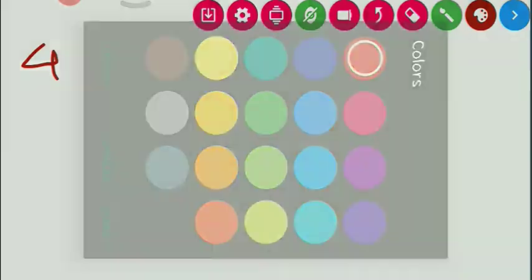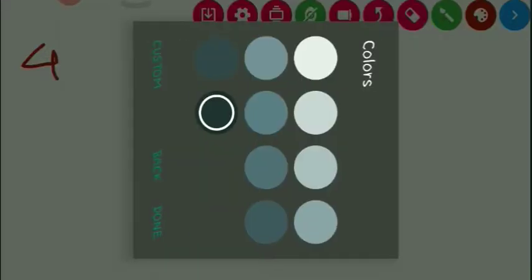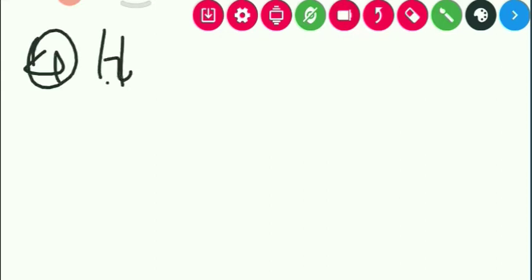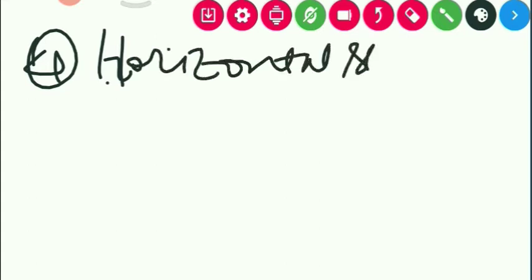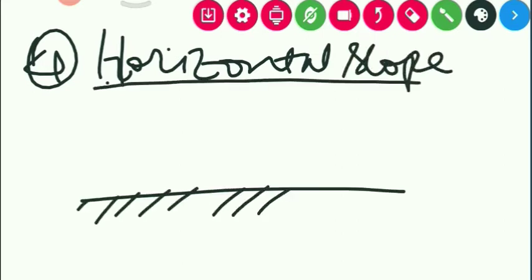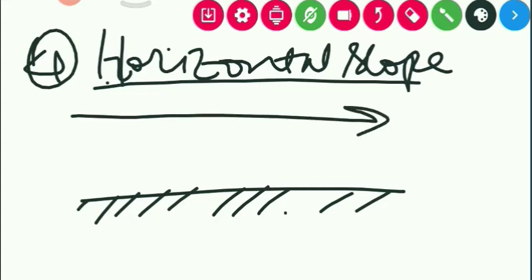In the fourth case, where we have horizontal slope, if this is the critical depth of the flow, then yn can lie at infinite distance.